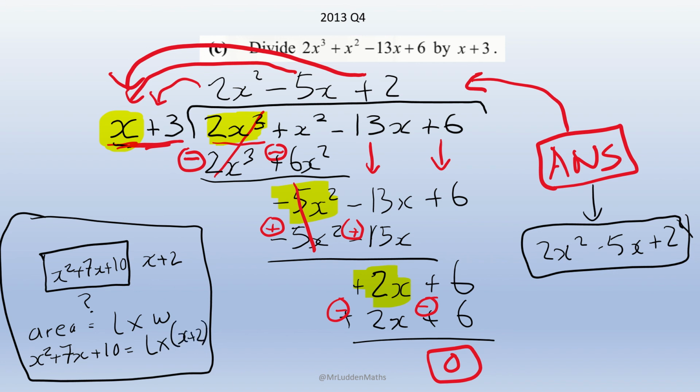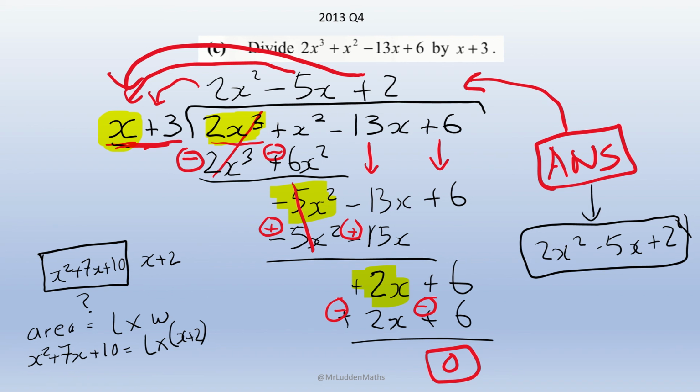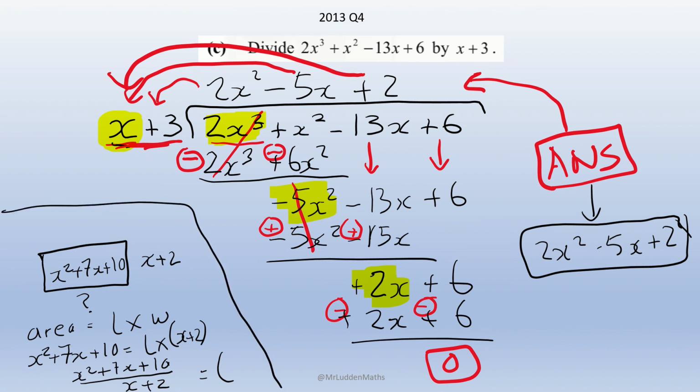So you know that if you divide both sides by x plus 2, let me get rid of the box here so I can actually write that, L is going to be my x squared plus 7x plus 10 all over x plus 2, which is a division question, and you'd have to write it out exactly like what I have up on top here and continue and do that question.